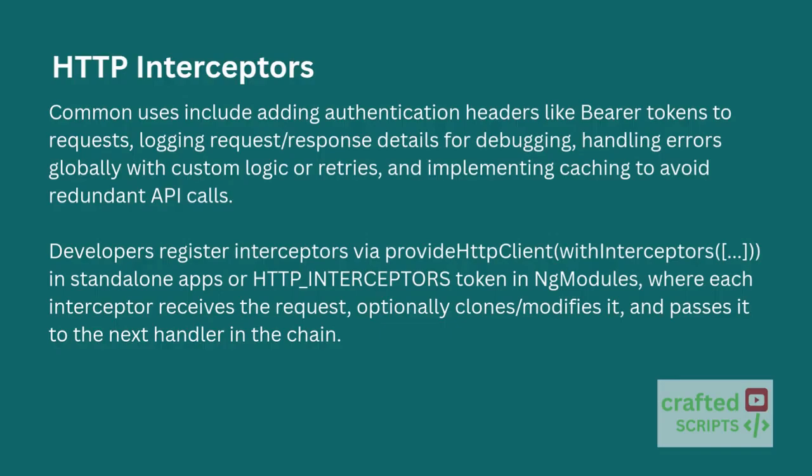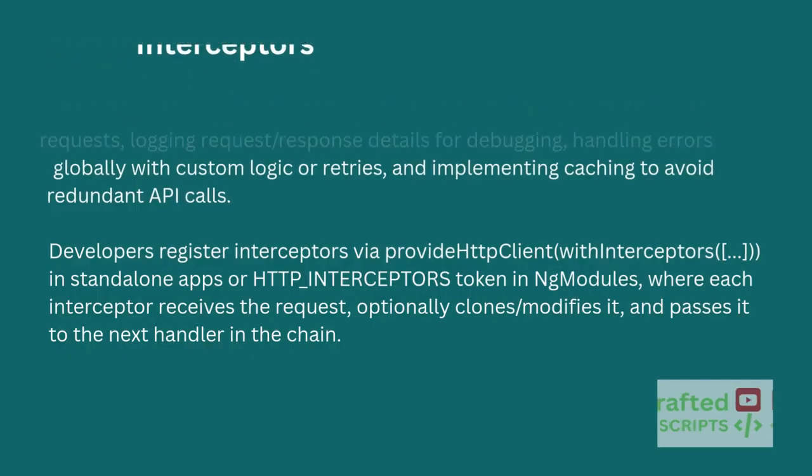Developers register interceptors via provideHttpClient with withInterceptors in standalone apps, or the HTTP_INTERCEPTORS token in NgModules, where each interceptor receives the request, optionally clones and modifies it, and passes it to the next handler in the chain.